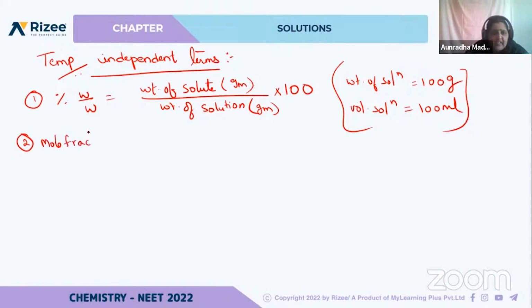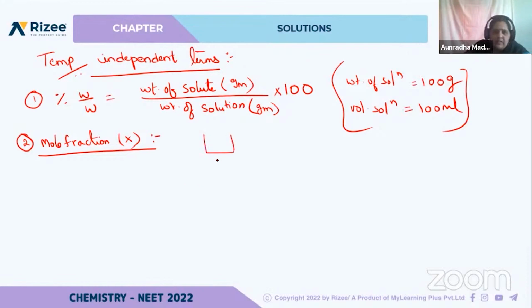The next temperature independent term is mole fraction. We denote this with capital X. Suppose we take substance A and substance B in a beaker and add those two things.